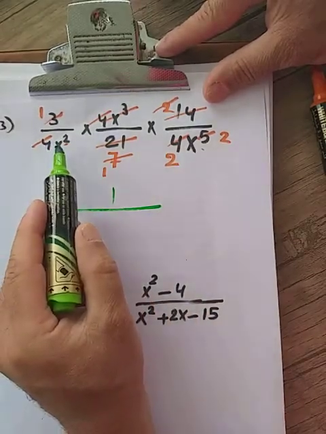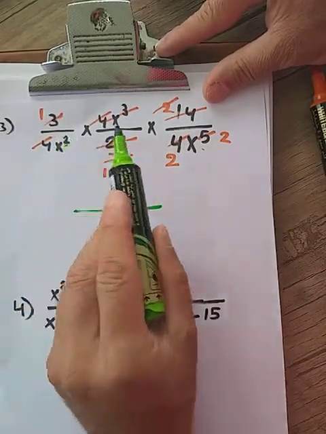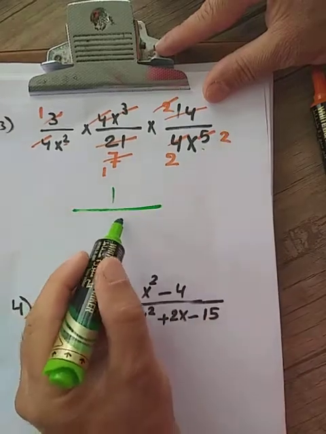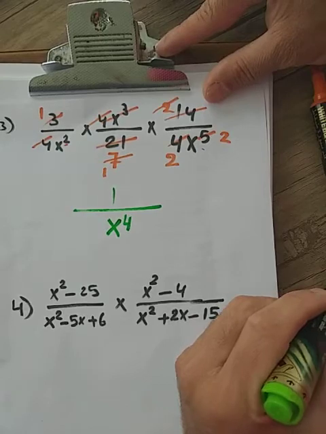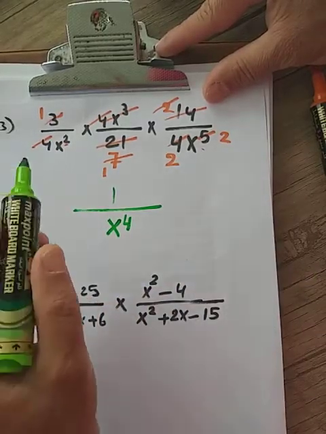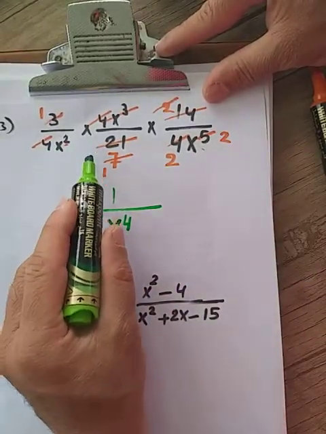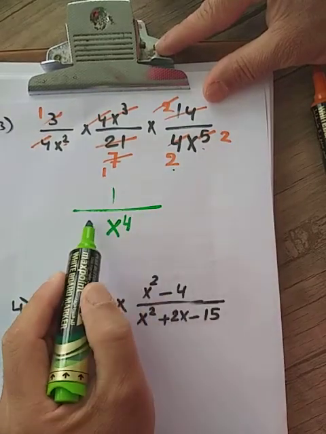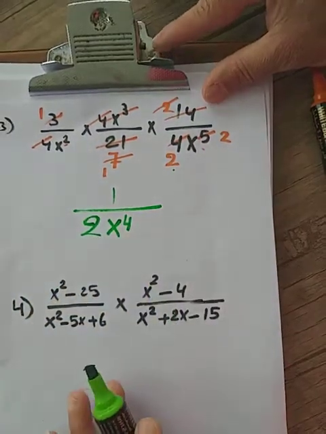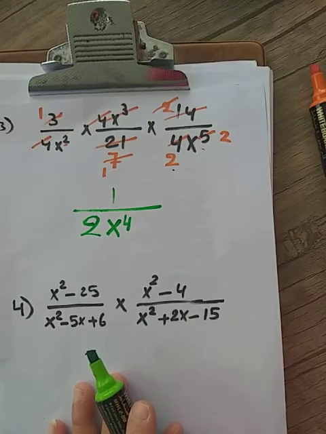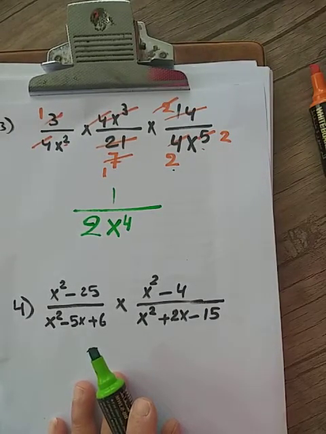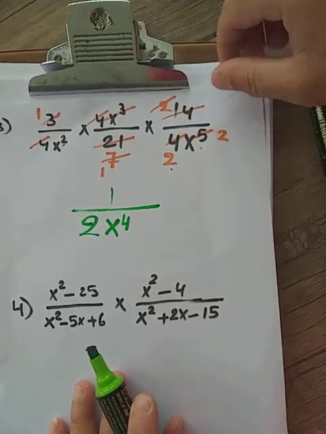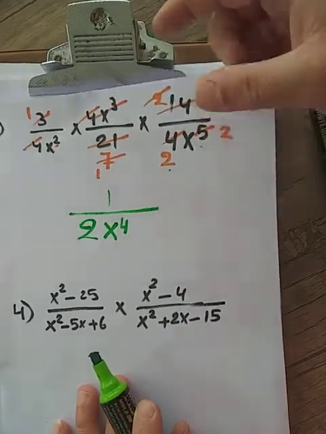Over that, we have x to power 2 and x to power 2, so x to power 4, and the number: we have this 2 remainder. The answer is equal to 1 over 2x to power 4. This is the simplest form. Okay, number 4.